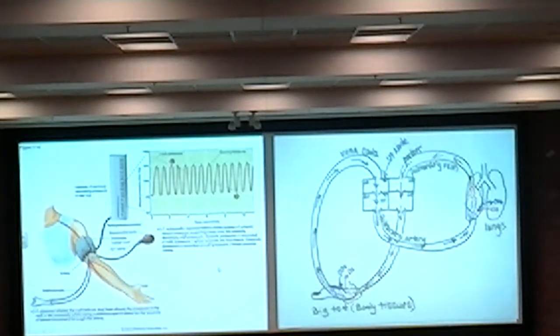So when you take a blood pressure reading, some of you have gotten to do this in lab already this week, you put the cuff on, you actually pump this up to stop the flow of blood, and then you slowly let the pressure down, and you're able to hear when blood starts to flow back through this closed off brachial artery here. And the highest pressure, the systolic pressure, is the first sound you hear through the stethoscope.